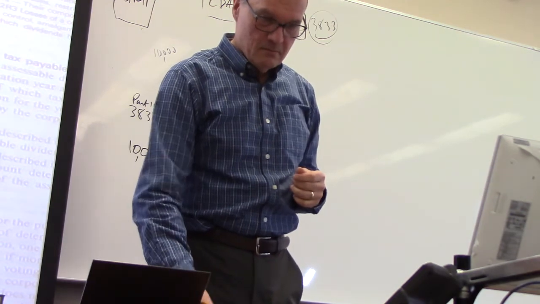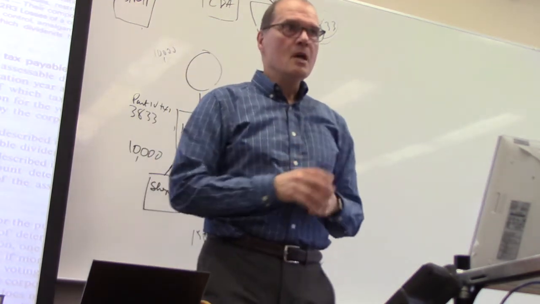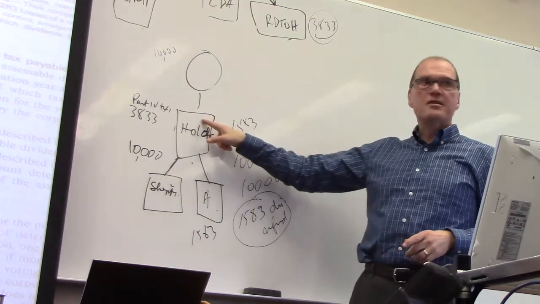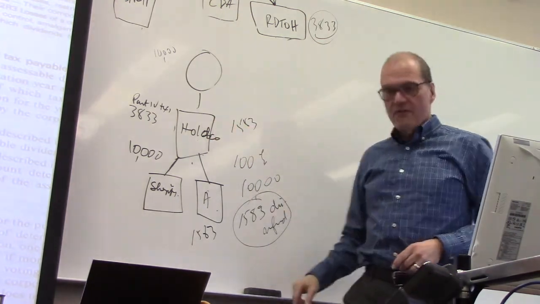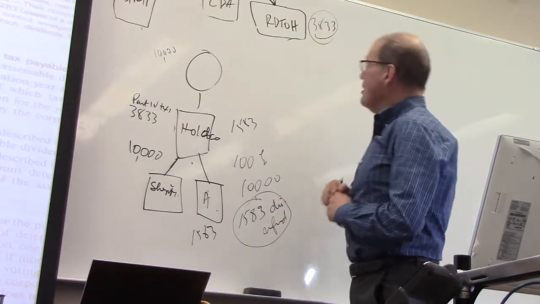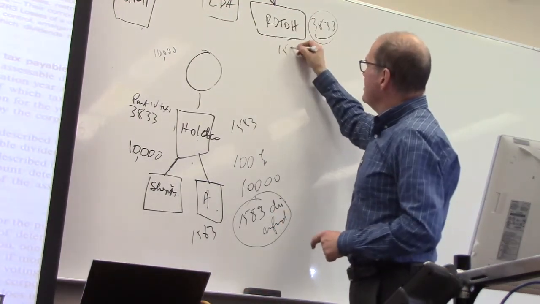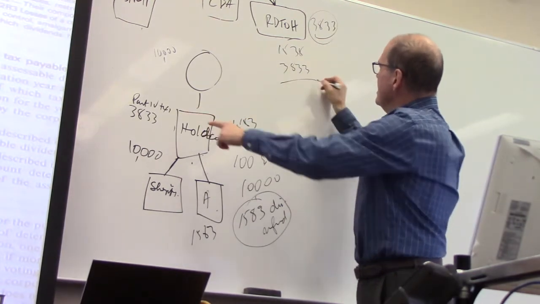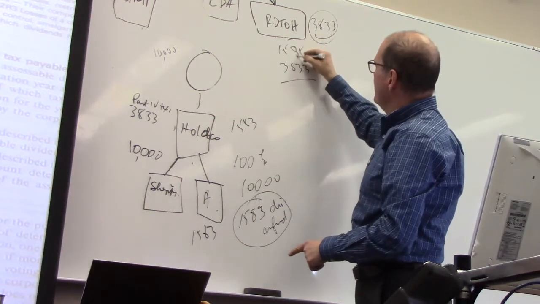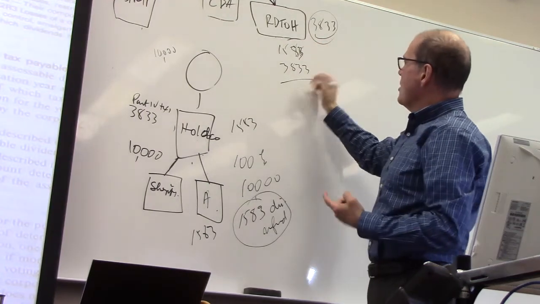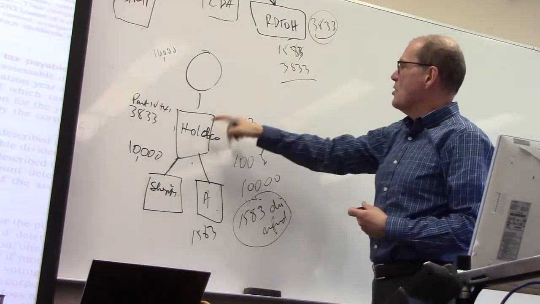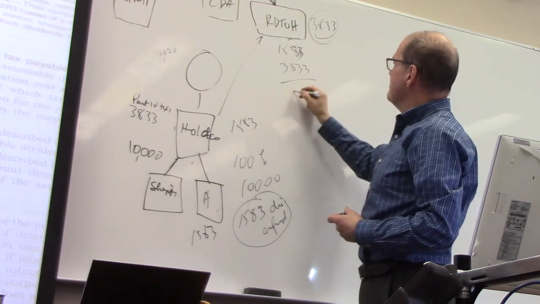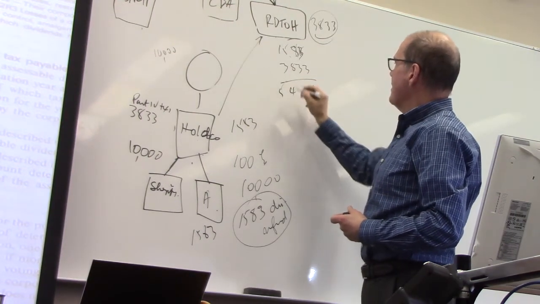And is that Part 4 tax added to their RDTOH? This Part 4 tax is added to Holdco's RDTOH. Yep. So then 1583 gets added here, 1583 plus 3833 gets added to Holdco's RDTOH. 6, 11, 14, 5.